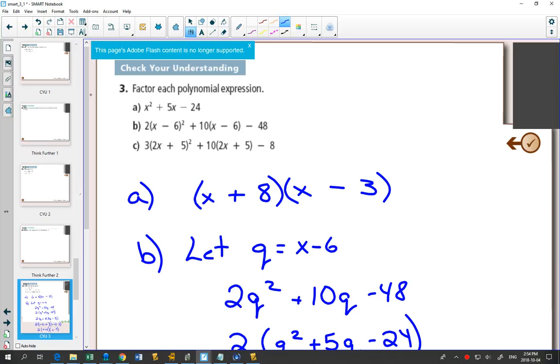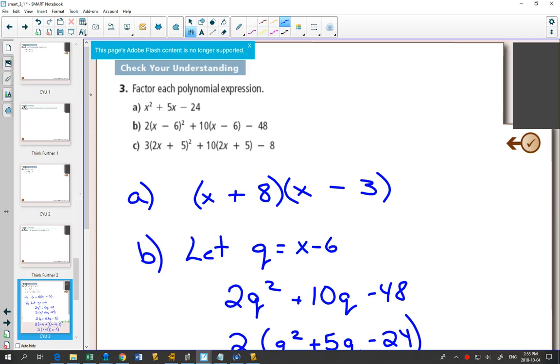We have a 2x plus 5 in one place, a 2x plus 5 in the other place. If you apply the substitution, which we just did, does it appear to be something that you factored before? 2q squared plus 10q minus 48 is a trinomial. We factored trinomials before, so that appears that the substitution was a good idea.